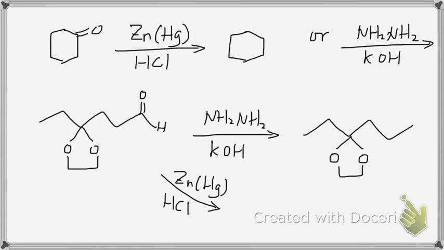So for the Clemmensen reduction condition, the final product we will get will be hexane. So you see the difference? Since we have an acid-sensitive group in our starting material, and we don't want that to be touched, we need to pick the basic reduction condition. If the acidic condition is picked, then the acetal protecting group cannot stay, and after the hydrolysis, that ketone carbonyl can also be reduced.